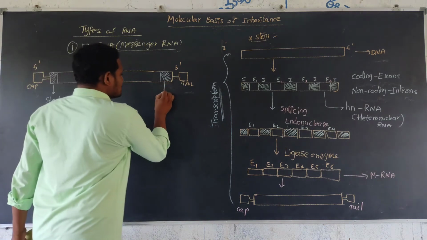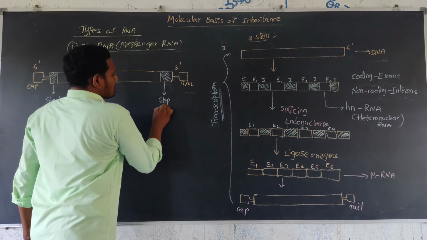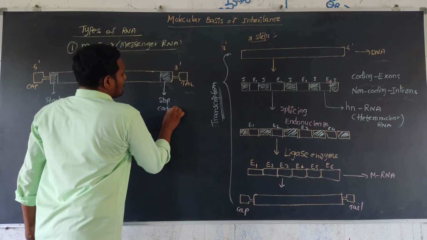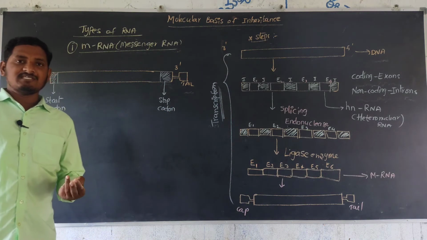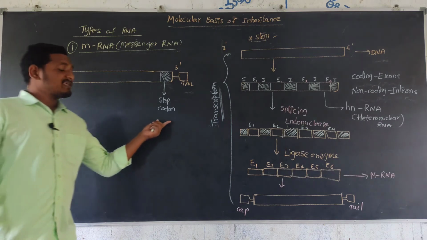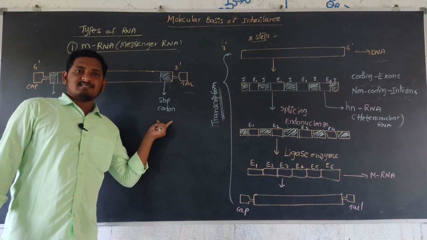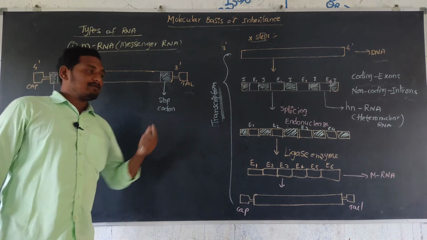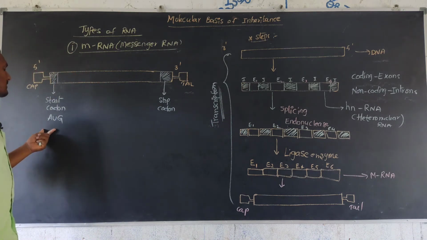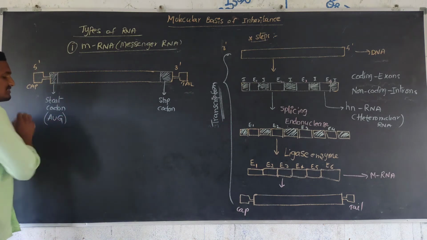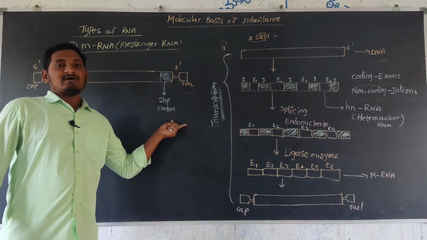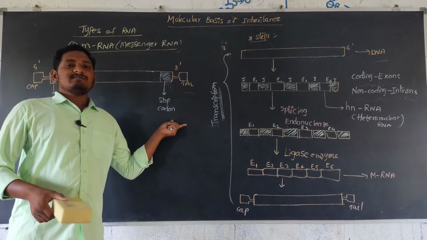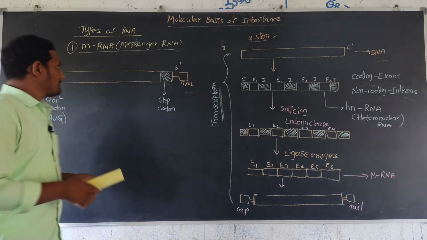In the genetic code, we observe that 3 stop codons are present. We will discuss these 3 stop codons later. Out of these 3, any one can act as a stop codon.